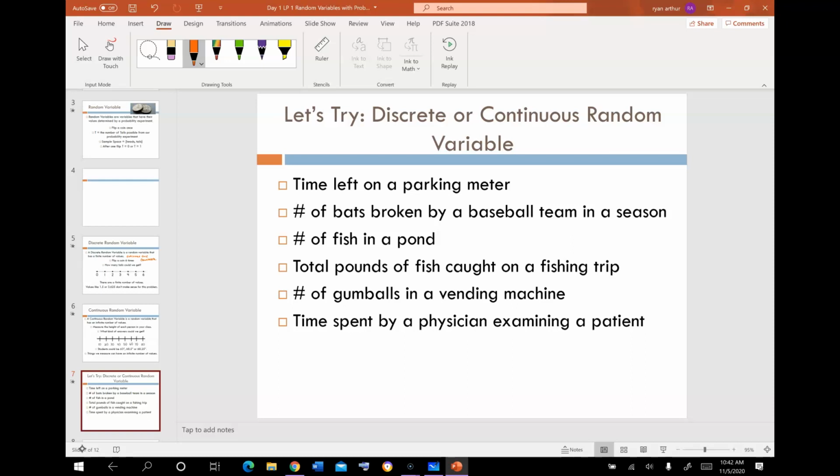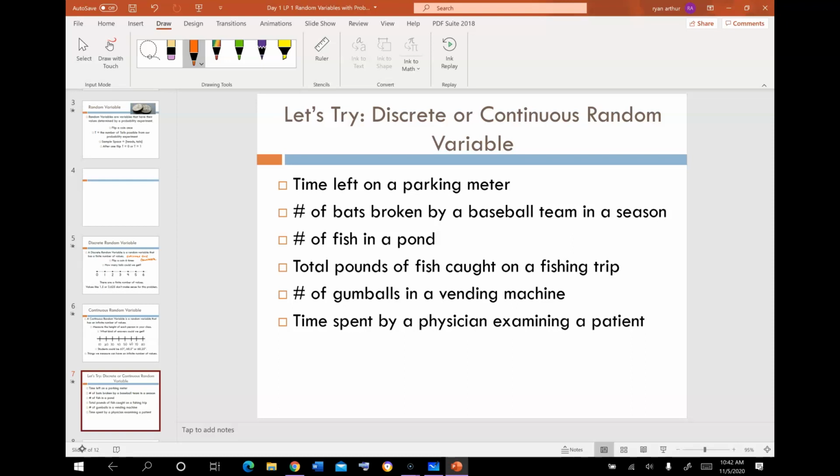So let's try, and we'll discuss some of these, and I'm going to give you the key words that you need to look for when you're determining if it's discrete or continuous, okay? So time left on a parking meter, all right? Yeah, I'll say you've got 15 minutes left on the timer, but you rounded it up. Like when you're waiting for the bell to ring and I say, all right, you've got a minute left. Well, you might not have a minute left.